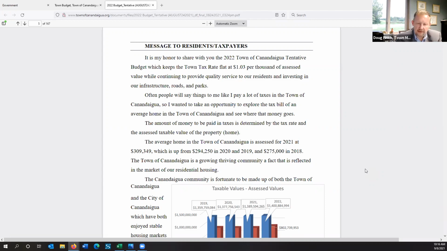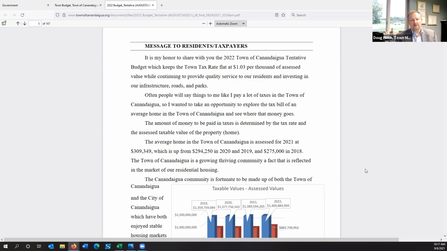So the first page here, page 5 of the document, we're just looking at the message to the residents and the taxpayers. This 2022 tentative budget really holds the tax rate flat at $1.03 per $1,000 of assessed value.